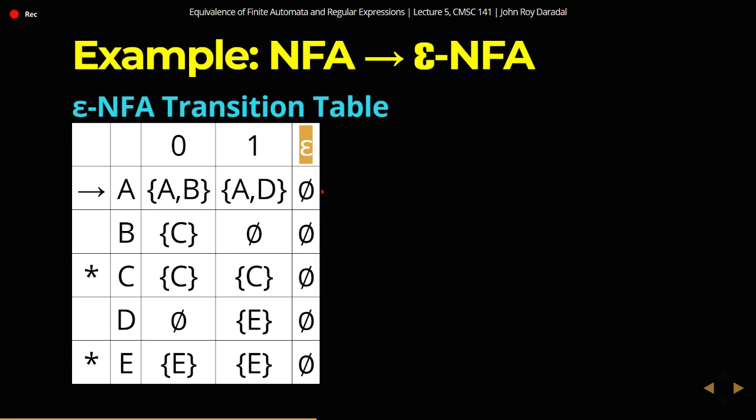And that's it. So from NFA, this is your epsilon NFA. So the only difference is that you have this extra column here for epsilon filled with null. And that's the only thing you need to do. Okay? So that's it. So let's now go to the more challenging conversion, which is your epsilon NFA to NFA.